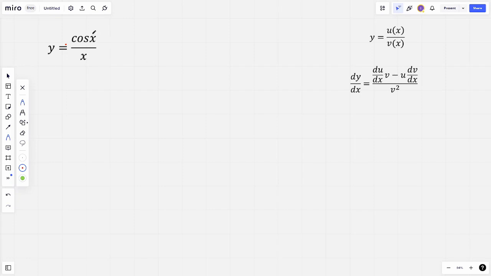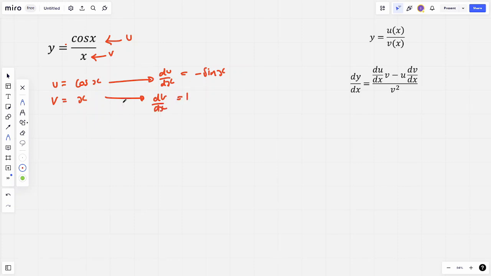Let's begin with this. We let the numerator equal u, we let the denominator equal v. So u is equal to cos x. Differentiation of cos is negative sine, so du over dx is negative sine x. Then we've got v is equal to just x. Differentiation of x, again, is just 1.